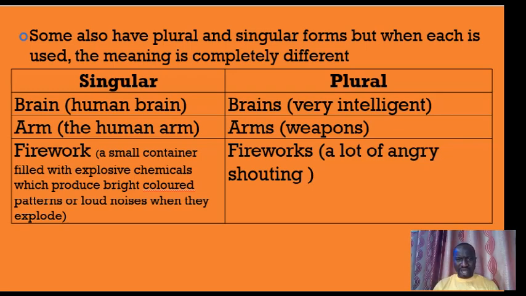But in the plural we have brains, used with a different meaning, referring to intelligence. It means the person is very intelligent. We also have arm: in the singular it is the human arm, but in the plural, arms, we are referring to weapons instead of the human arm.